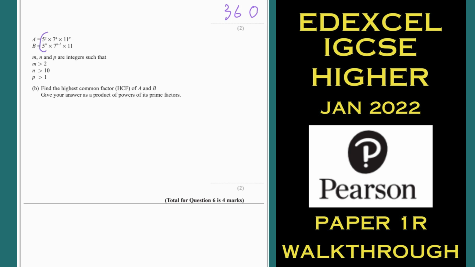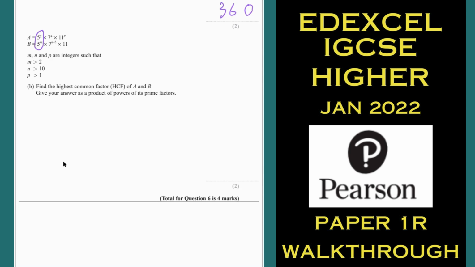So if you consider the power of 5, what's the highest common factor? Well, m has to be greater than 2. It means it could be 3, 4, 5, you don't know. But who cares? You have to pick the lowest, because it'll be 25 that is the common factors. Can't go any higher, because another 5 doesn't go into A.